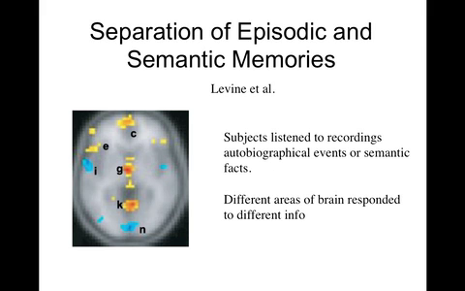Either they're just thinking about semantic facts, things like these are just facts about the world, or listening to themselves recorded talking about autobiographical events. So this is where they're just thinking about or listening to events that have taken place in their life, and then they're recorded from the brain and measured for where there's differential activity.